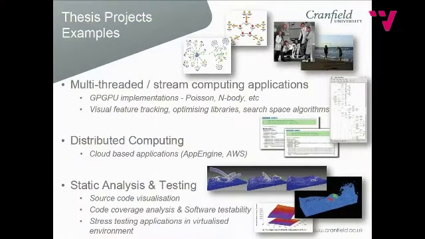We've also done some performance testing work on some of these platforms to see what they're appropriate to be used for. So it's an interesting area. And finally, the software engineering part, although it's in the title, I haven't really talked a lot about it, but the software engineering part, we're interested in various modes of static analysis and testing. So a number of projects for code visualization, coverage analysis, and so on have been done over the last few years.